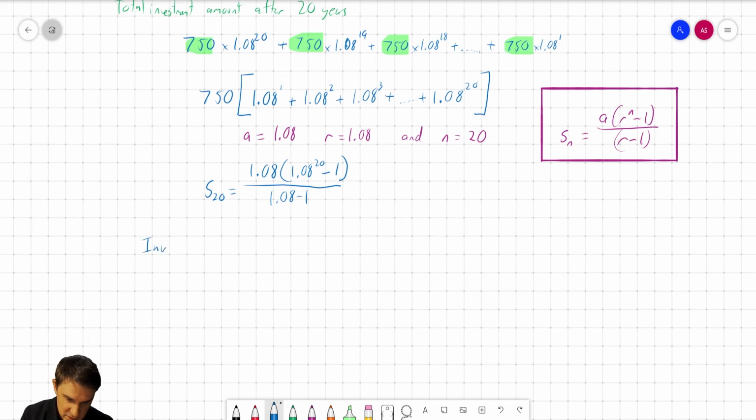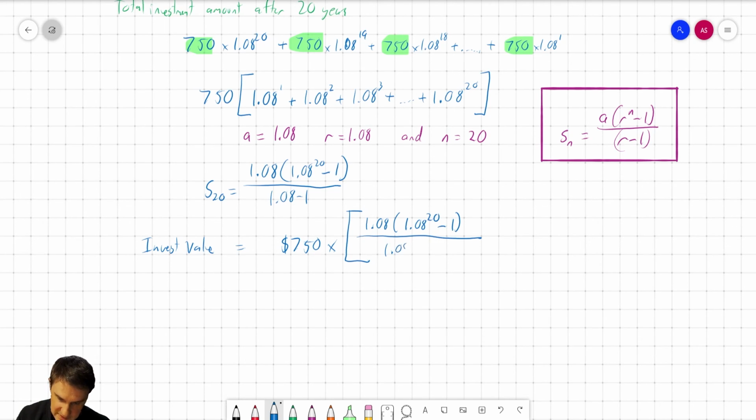So the investment value is equal to 750 times, in brackets, 1.08, brackets 1.08 to the power of 20 minus 1, all over 1.08 minus 1. When we type this into the calculator, we get the investment value at the end. What we end up with is $37,067. This is rounded to the nearest dollar because we're dealing with quite large amounts. This is the total investment amount in that superannuation fund at the end of those 20 years.